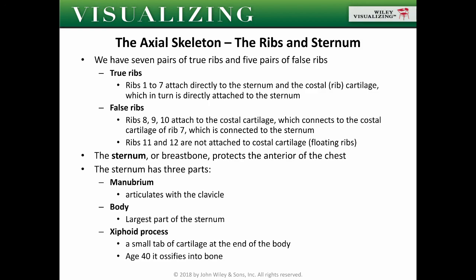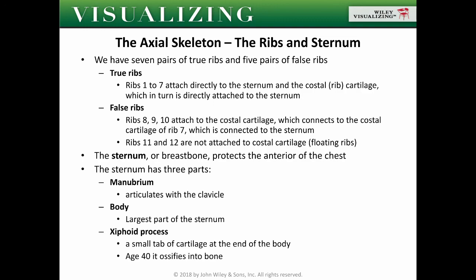Okay, so let's look now at the axial skeleton, the ribs, and the sternum. We have the true ribs. They're called true ribs because they attach directly to the sternum. This is the bone at our chest. And then you have the false ribs.